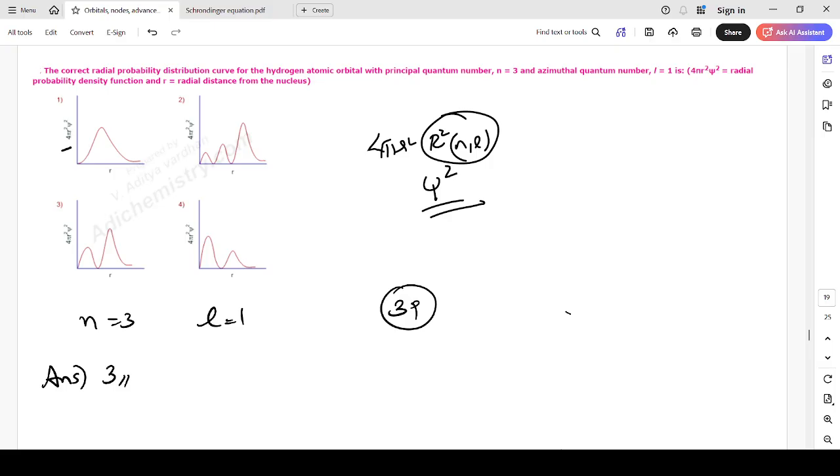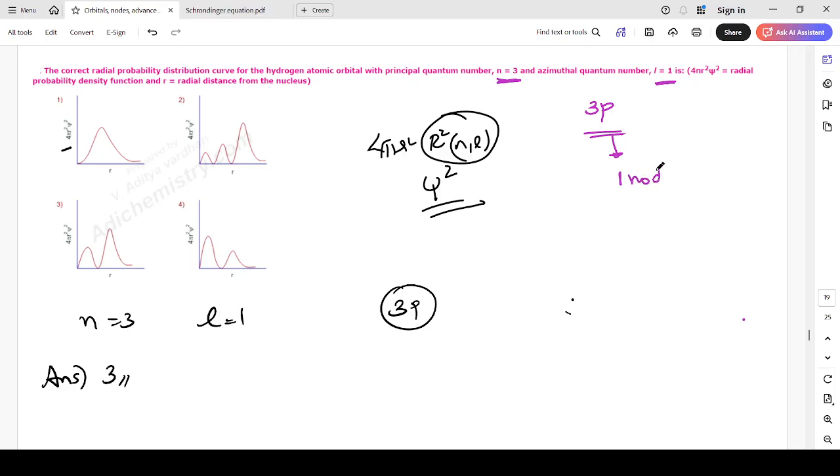Shall we solve it? Am I audible? Yes, ma'am. So they said n is equal to 3, L is equal to 1. Which orbital is it? 3p, ma'am. It is the 3p orbital, right? In 3p, how many nodes will you have?